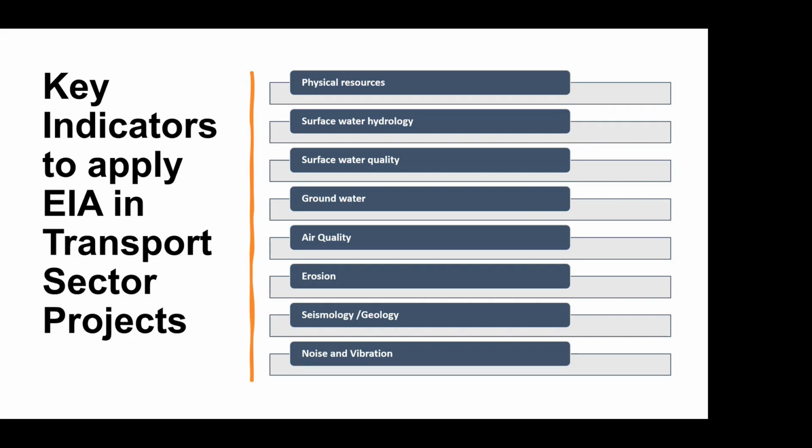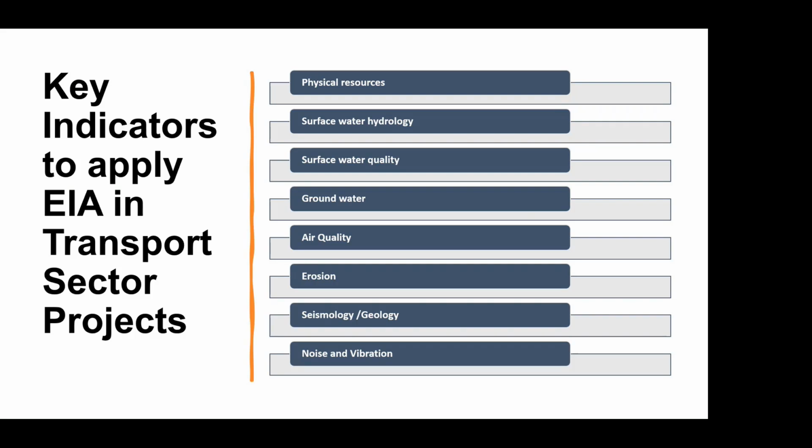The second part in the physical resources is surface water quality. The construction and operation of transportation projects like ports, harbors, roads and railways may significantly change the hydrologic regime, and consequently a change in its quality is also possible. Deterioration of surface water quality could result from pollution from silt, runoff, sanitary waste, and so on.